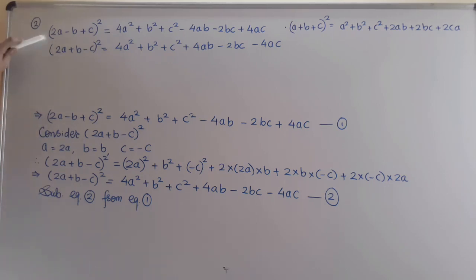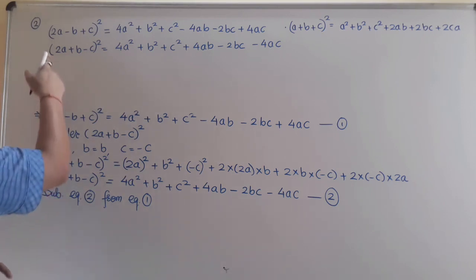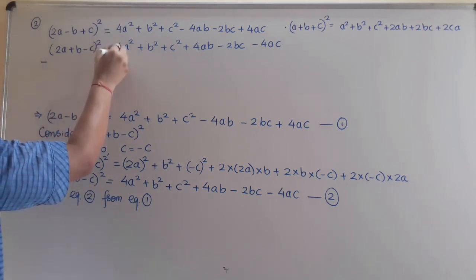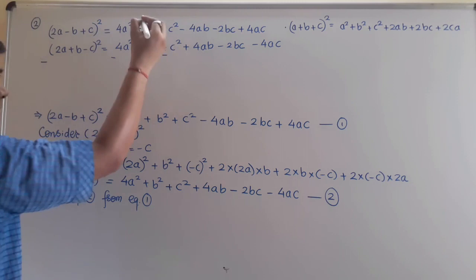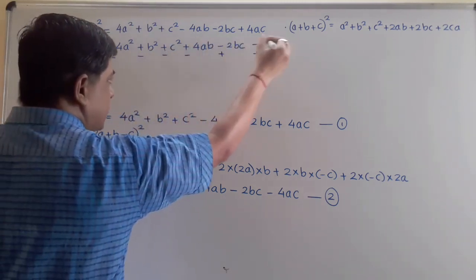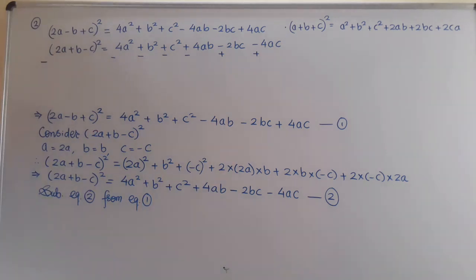From the first equation I am subtracting the second. Since we are subtracting the second equation, the sign of all terms of the second equation will be changed. If it is plus, it becomes minus, because where there is no sign we can assume plus, and if we change the plus sign, it becomes minus. Similarly, the sign of 4a square is minus, this is minus, this will also be minus, this will be plus, and the last two terms will be plus.